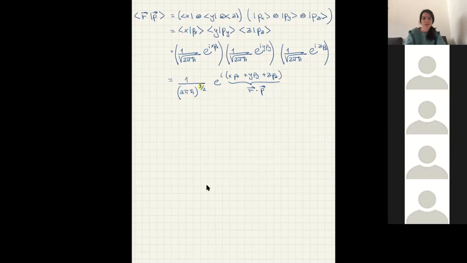So in the tutorials, what you'll see is how to transform the wave function from the position wave function to the momentum wave function in 3 dimensions, which is just straightforward. And we'll also look a little bit into the operators, but I just want to write down how we define these operators.